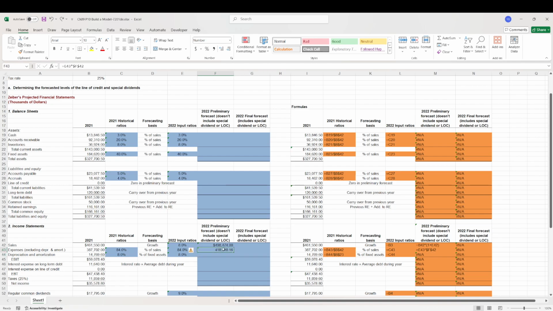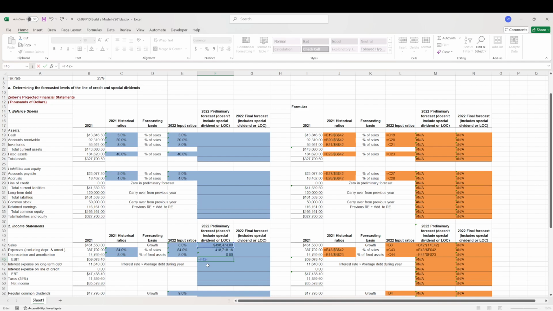So let's just copy and paste, and then I want to paste formulas. Okay, so the number formatting is preserved, so that I don't have to change anything. As you can see, it's this percentage times sales. Again, it's wrong. I just need to change it to fixed assets. Fixed assets is here, right? 40% times sales, right?